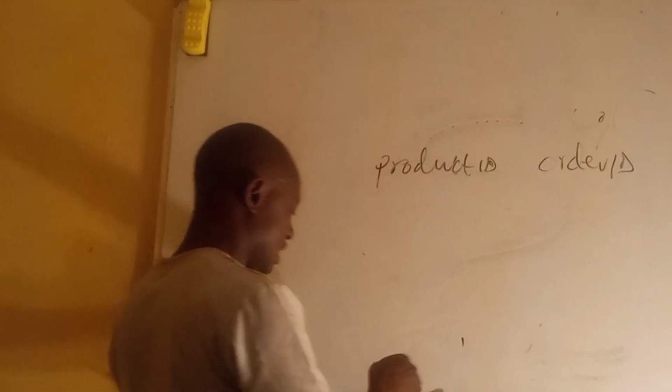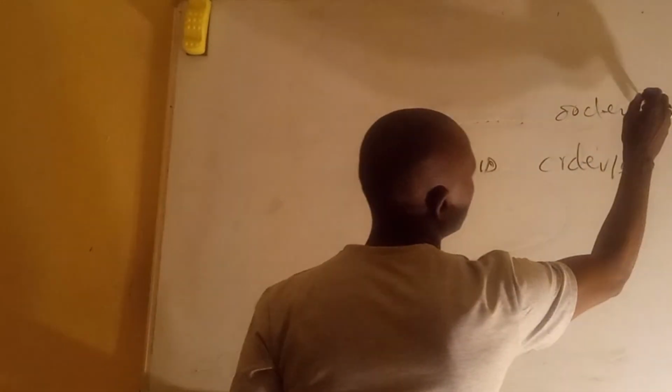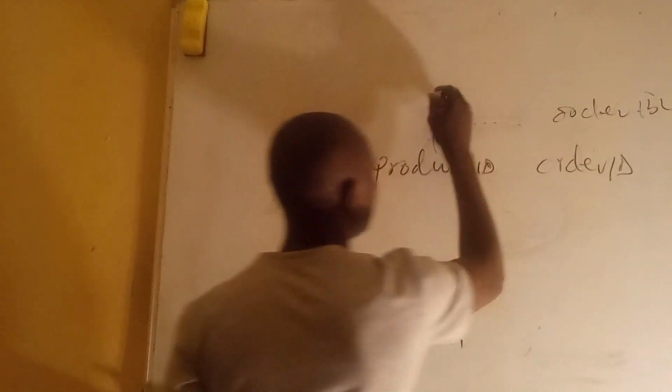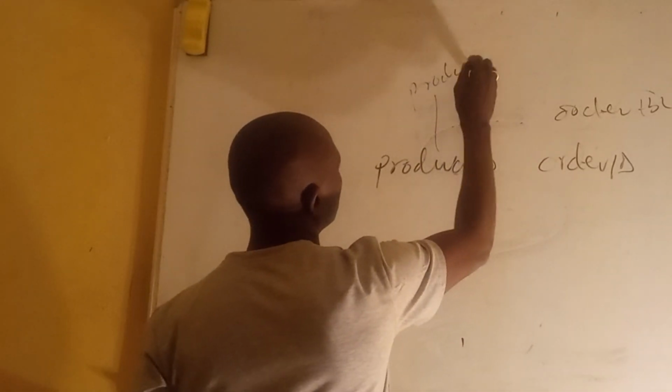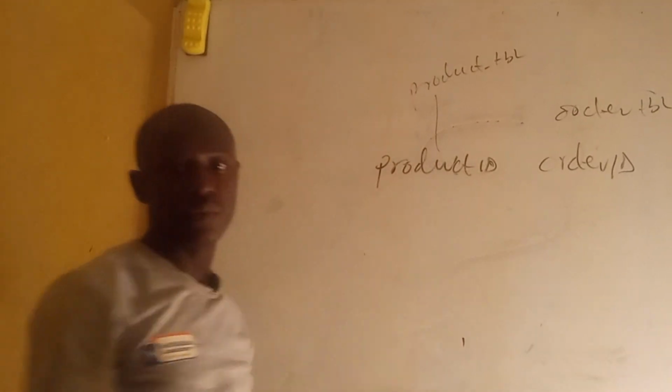Let's look at it here. This is in the order table, TBL, and this is in the product TBL. So you have these two tables.